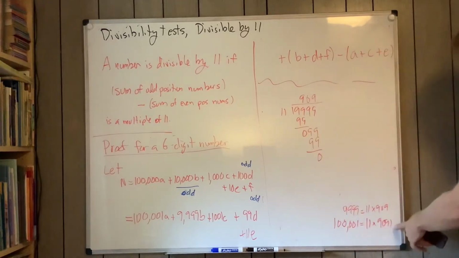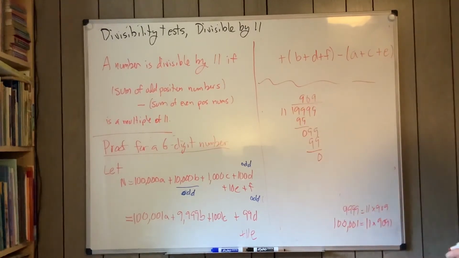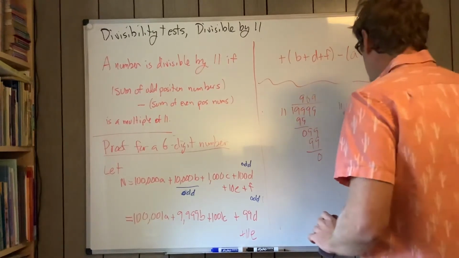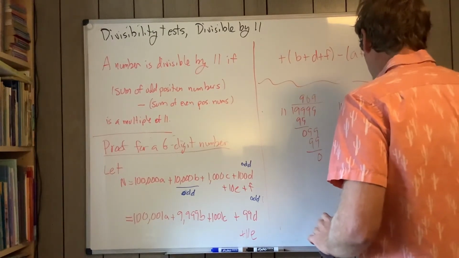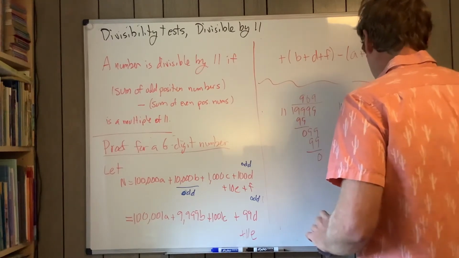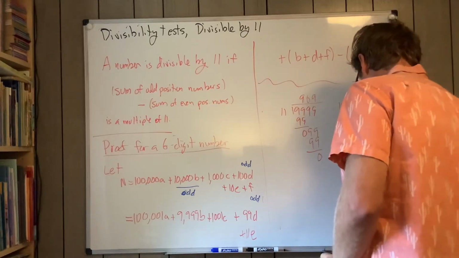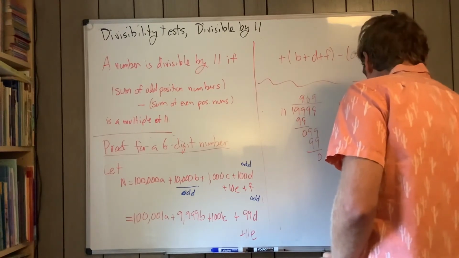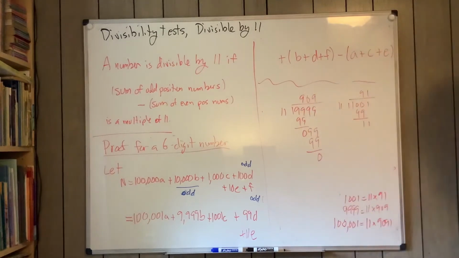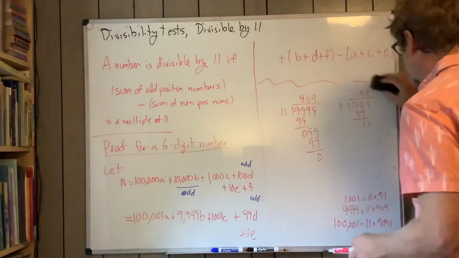And it really doesn't matter what this other number is, it's just that it's divisible by 11 and I get no remainder. 11 into 1001 is 91. So 1001 is 11 times 91. Okay, and then 99 is just 11 times 9.